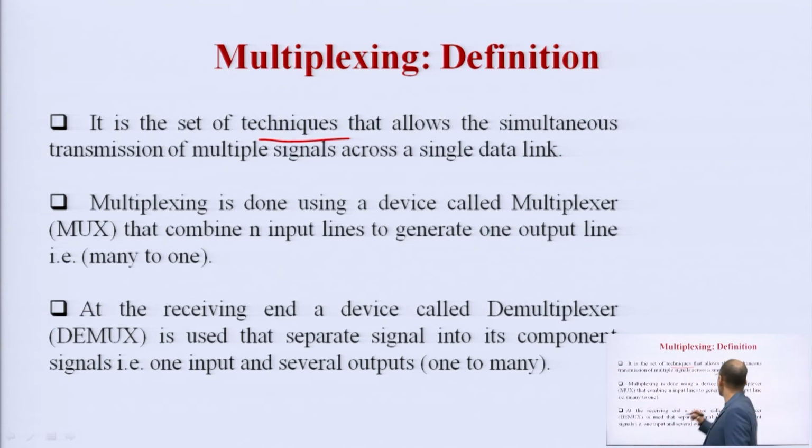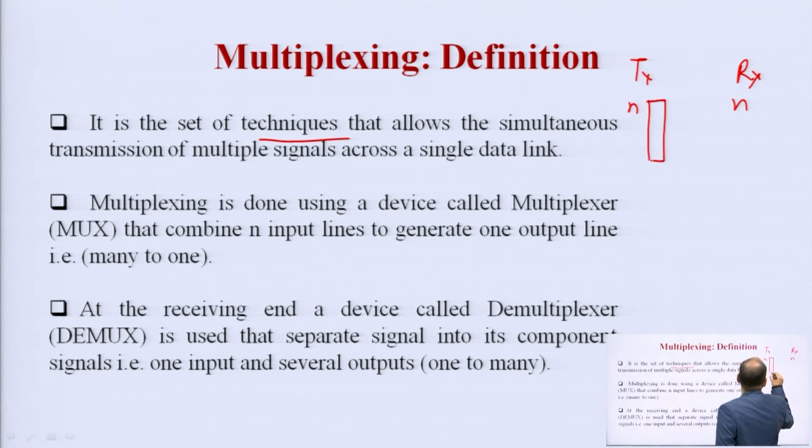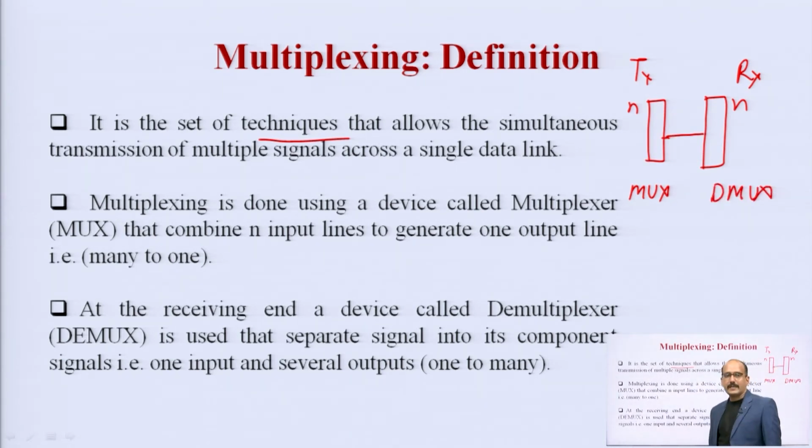As I told you, here is the transmitter and receiver, where there are n number of users, and between them there are a multiplexer and demultiplexer with a single channel. This single channel or single path carries transmission of multiple signals on a single data link.